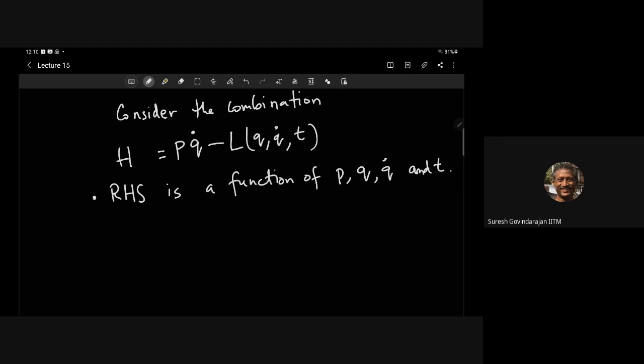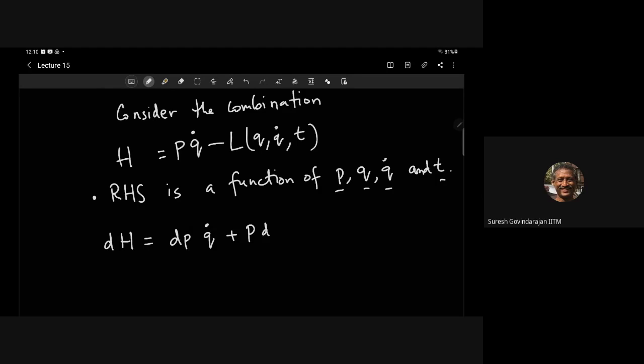Now let us do an arbitrary variation with respect to, should I put t also into the process? So let's put that in. When you have a function of 4 variables, you can vary all these independently. So dH would be, first we can vary p, that would be dp times q dot, plus p times the change dq dot.